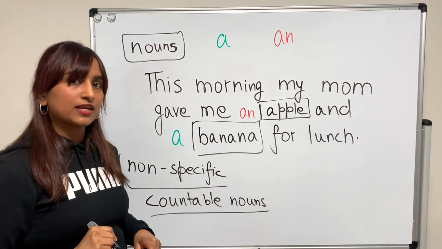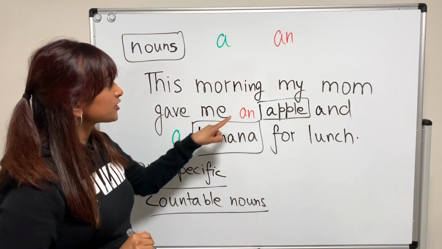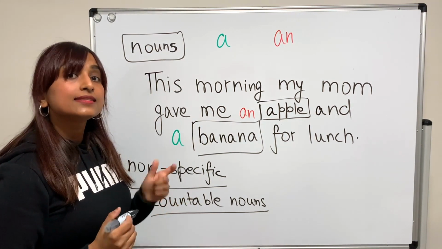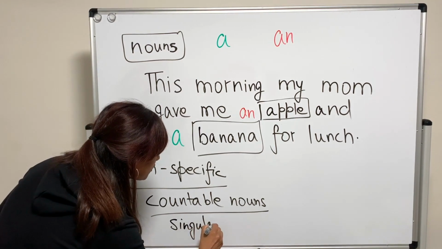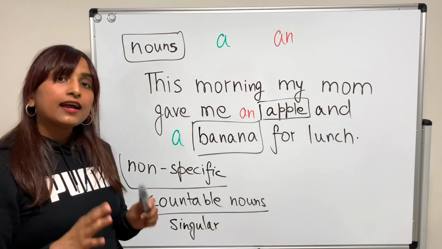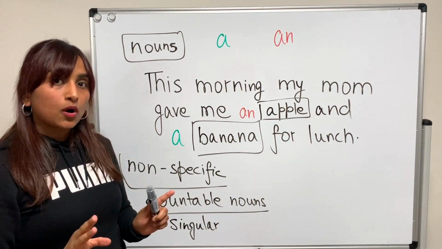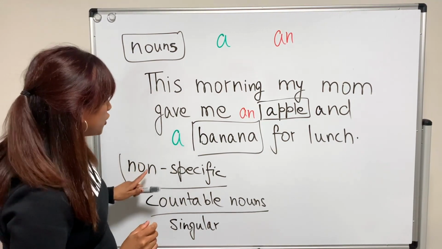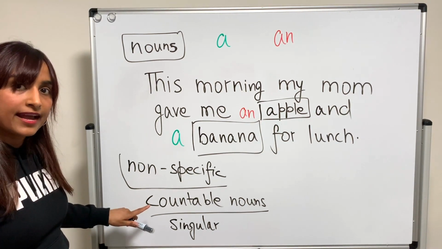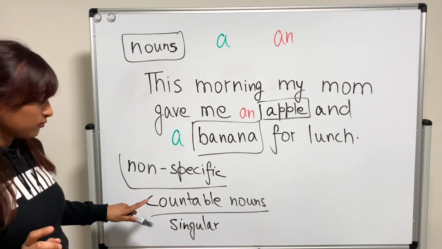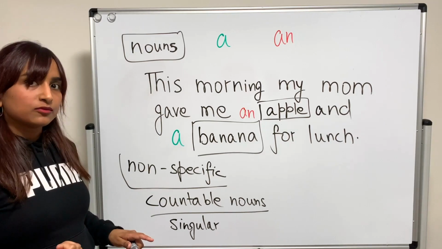And one more question. Do you think these are singular or plural? Singular. So when you use the articles a and an, you have to always make sure that you're using it for non-specific things. You're using it for countable nouns, not uncountable nouns, and singular nouns.